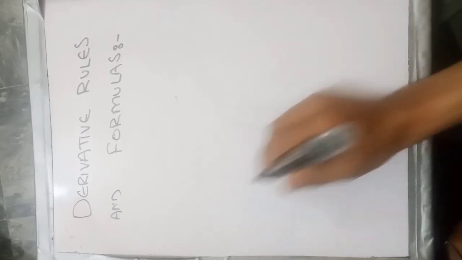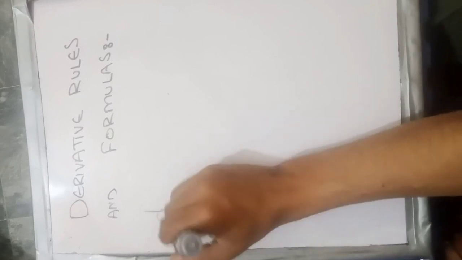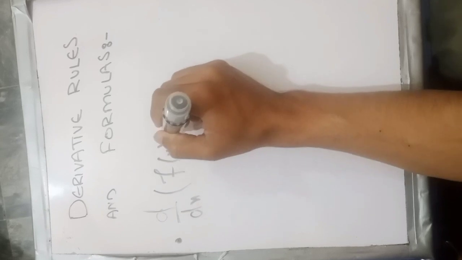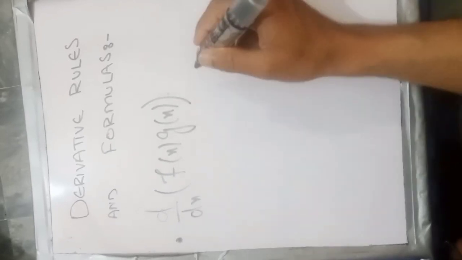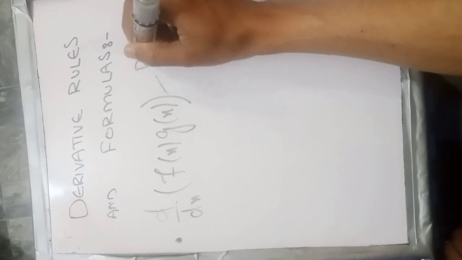For two functions which are in product form, just like f of x into g of x, we use the product rule.